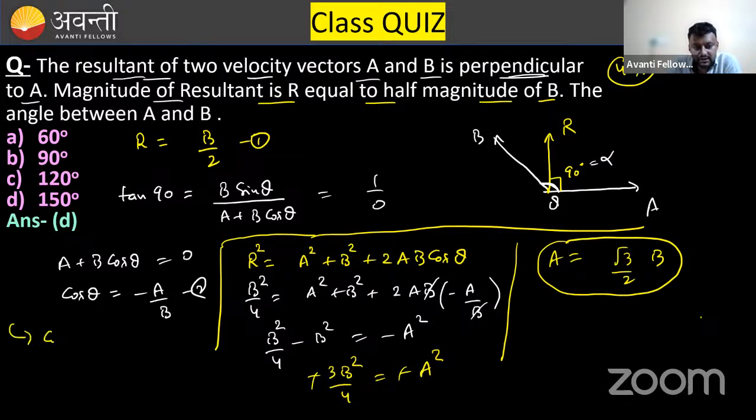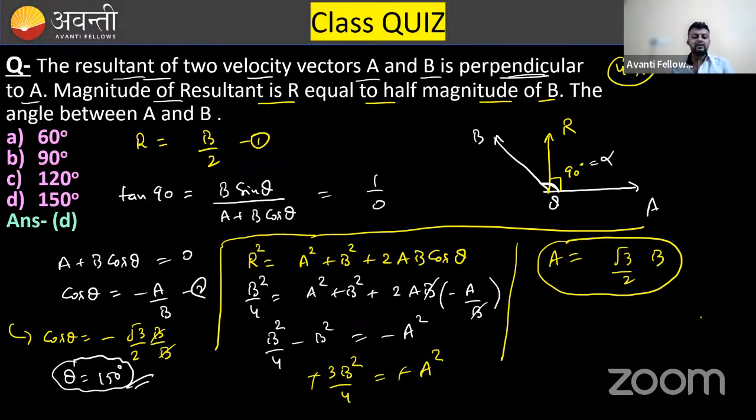Cos theta is equal to minus A, which is root 3 by 2 B, divided by B. So cos theta is minus root 3 by 2. When cos theta is negative, in the second quadrant, cos theta is negative, which is cos of 90 plus 60. That is 150. So theta is 150 degrees.